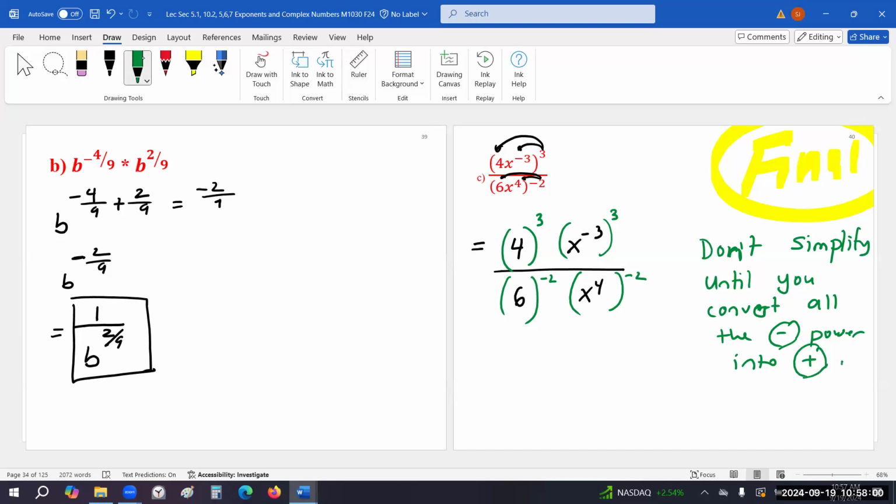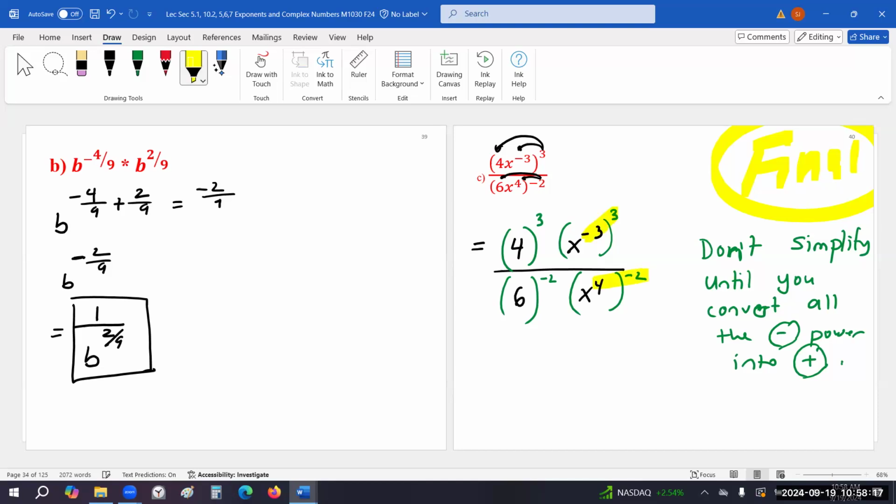If you follow this rule, you're not going to make mistakes. If you don't, most of the time people make mistakes. Roger. You just put the negative exponent up, and whatever is negative, you put on the other side.